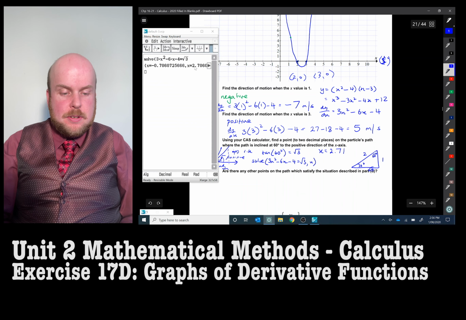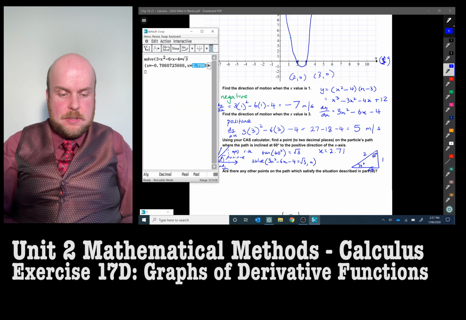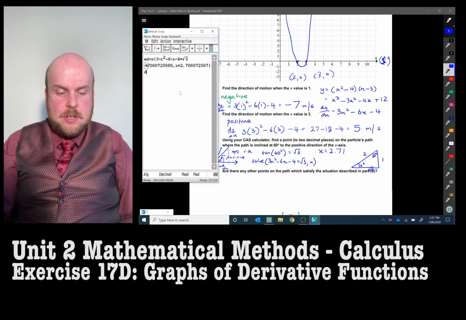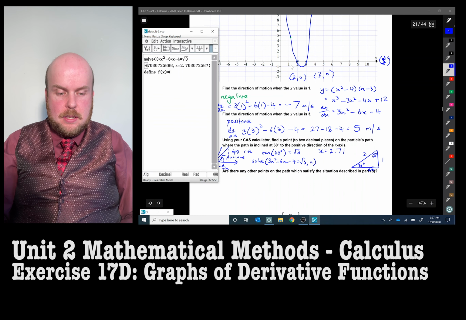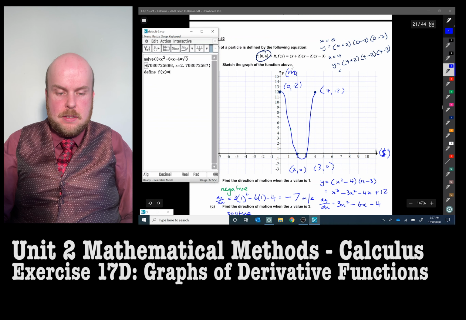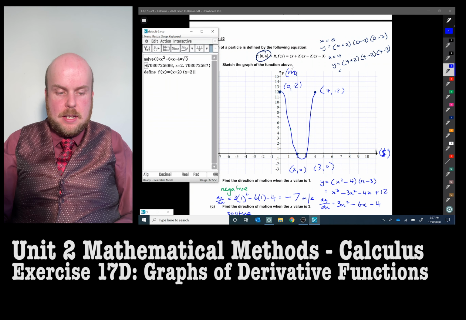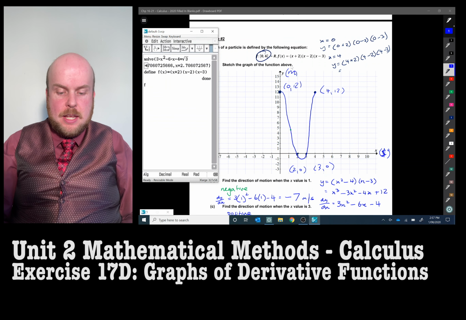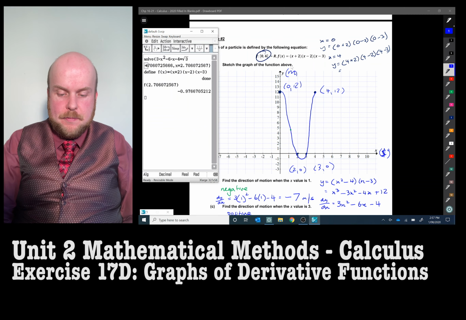And then all I need to do is copy that across. And what I'll do is I'll define the original function. And then I can just put in this value here and I get my y value.